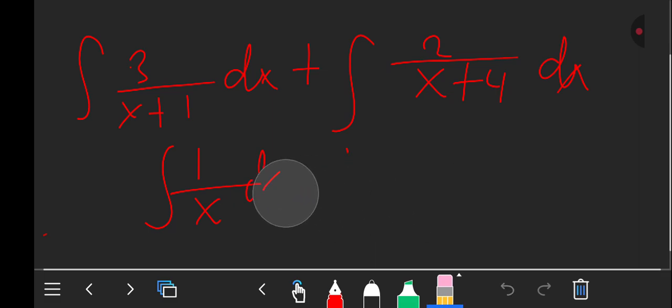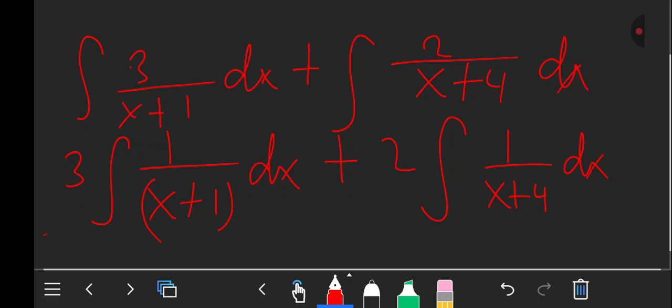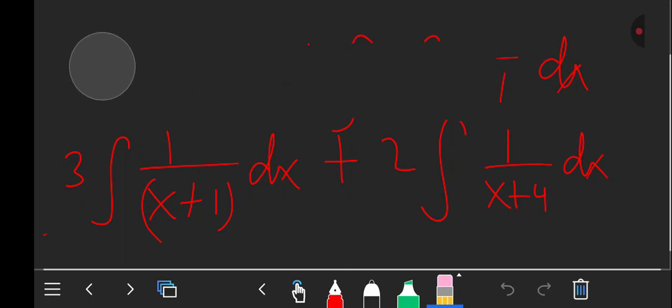Okay, so this is the one I'm going to apply here. So I can just remove 3 there, then I'll say integral of 1 over x plus 1 dx, plus I remove 2, integral of 1 over x plus 4 dx. So I can now integrate this.